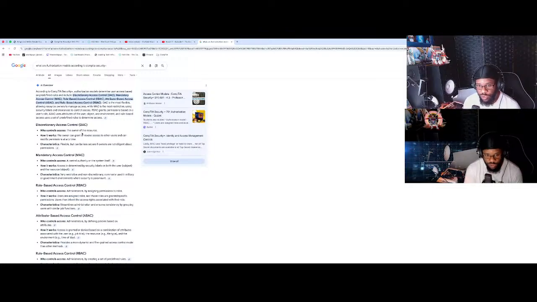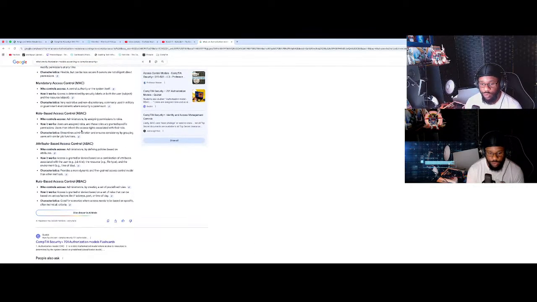And ABAC uses attributes of the user, object, and environment. And rule-based access uses a set of predefined rules to determine access. This is a lot, but we're going to make sure that we go through each of these concepts again in another video. We're going to try to tighten up on each one of these as we go through it.